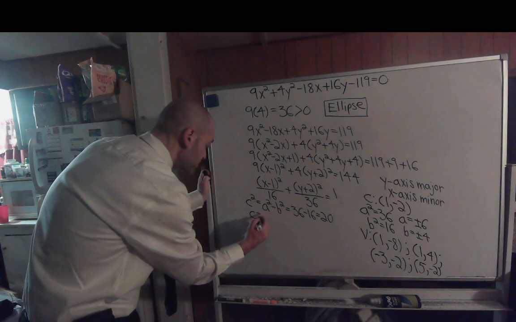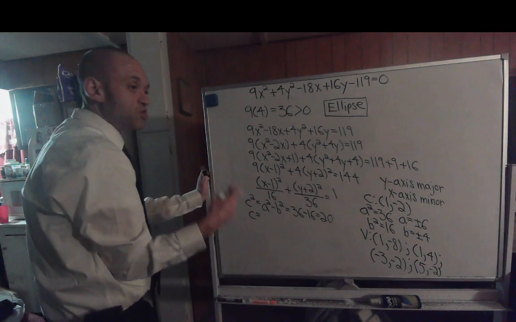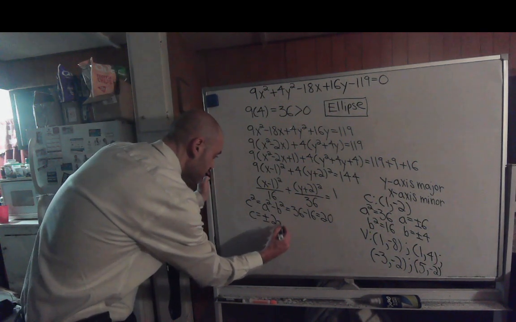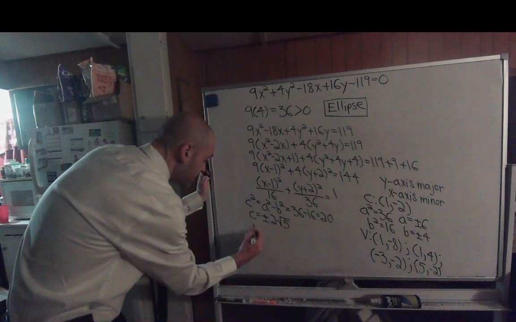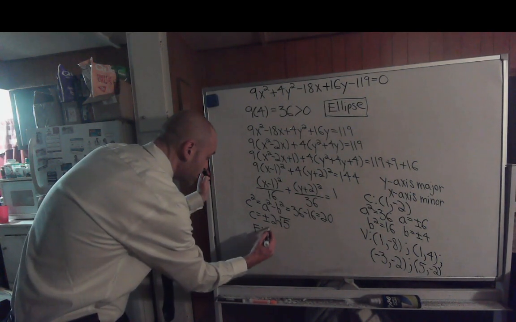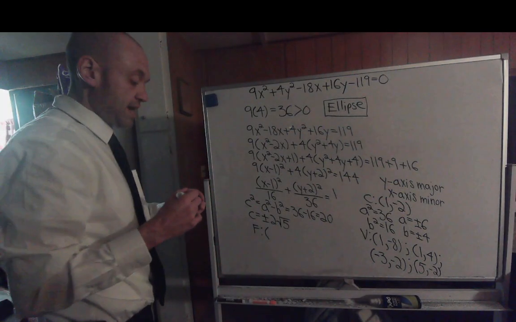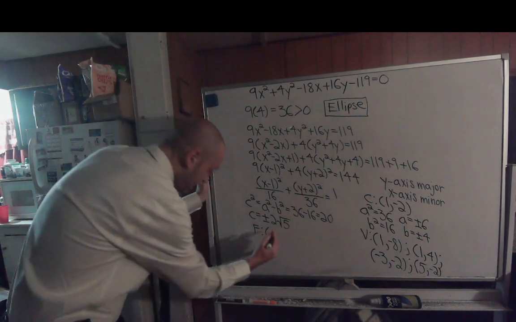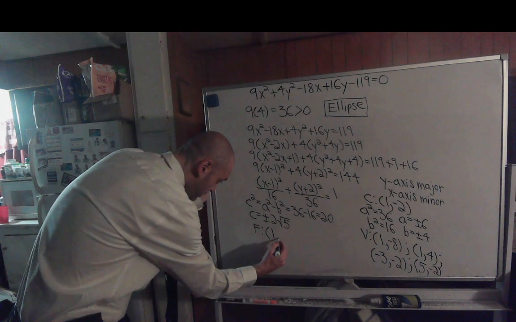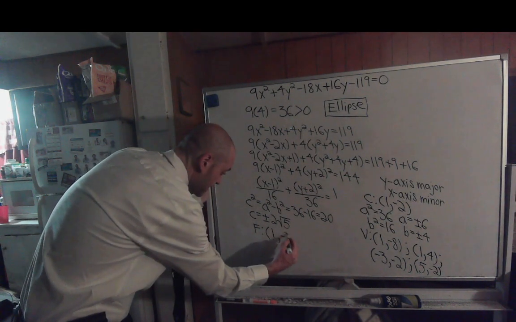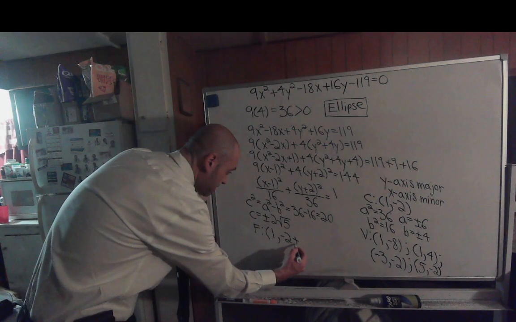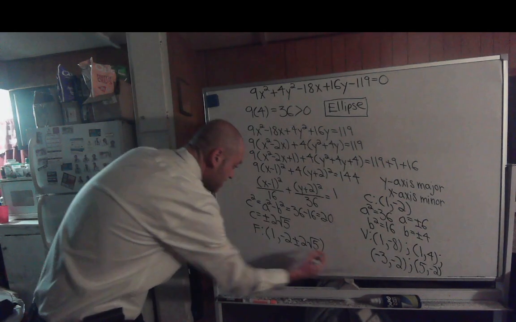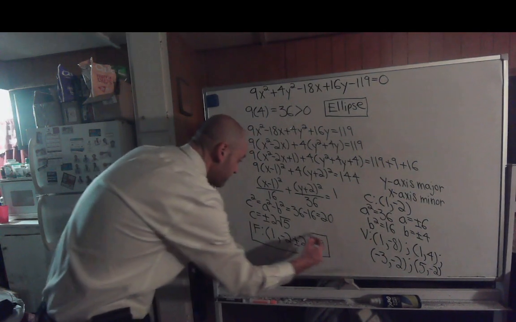So c is going to equal that square root of 20, which is 4 times the square root of 5, so that'd be plus and minus 2 times the square root of 5. And then, of course, the foci are always affected on the major axis. In this case, that's the y-axis. So I'll leave the x-coordinate of the center alone of 1. Then I'll take that negative 2 and do both plus and minus 2 times the square root of 5. Those would be my foci for the ellipse here.